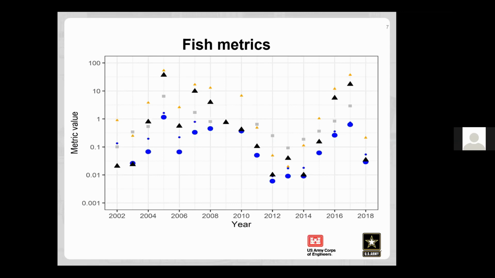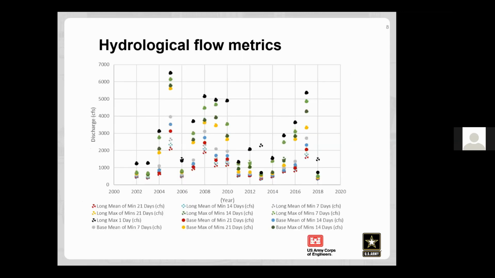So, very noisy fish data. And what we're trying to do is combine noisy fish data with very noisy hydrology data and see if we can tease out some useful patterns from that.